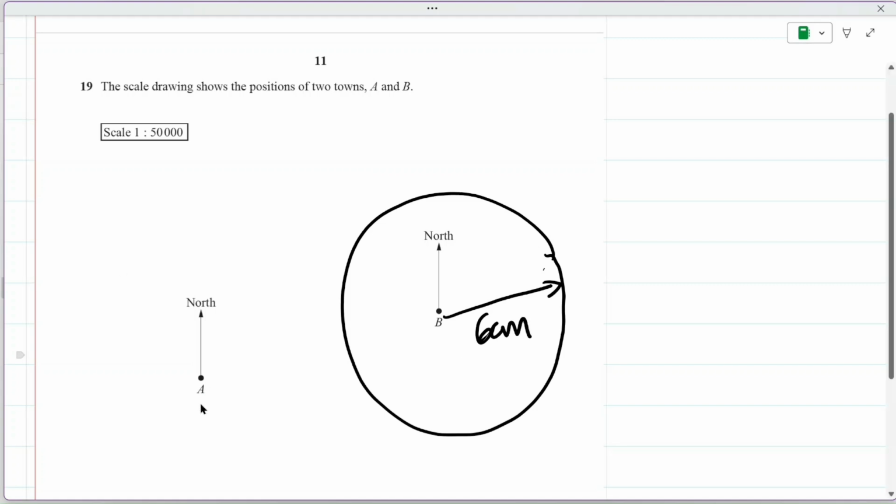Then at A, since the bearing of C from A is 40 degrees, you use your protractor in this case. First, you make your 4 cardinal points at A. You get your horizontal line at this point A, then you drag your vertical line down. Then with your protractor, reading from the north, since it's a 3-figure bearing, not a compass bearing, you get your 40 degrees.